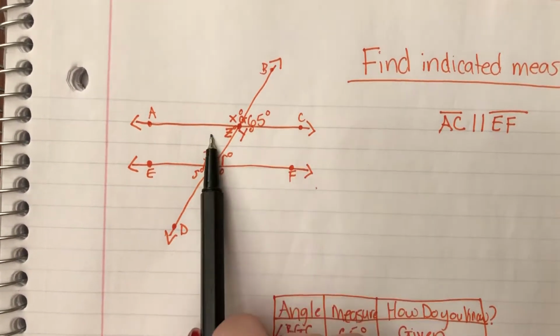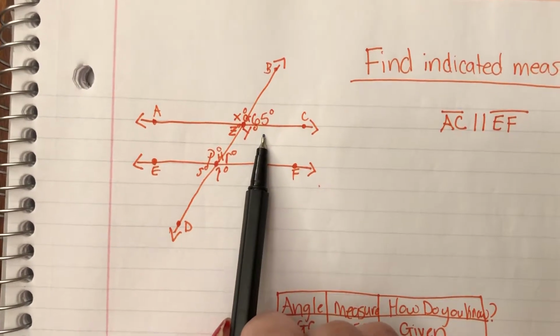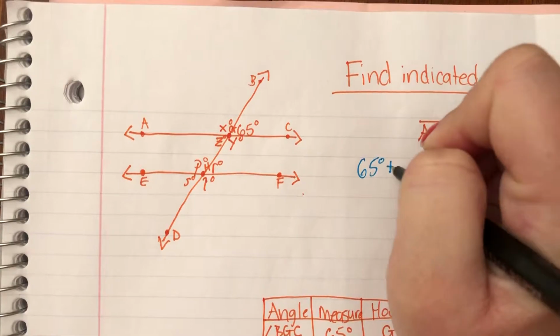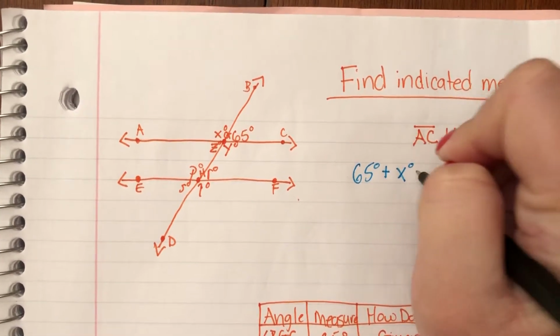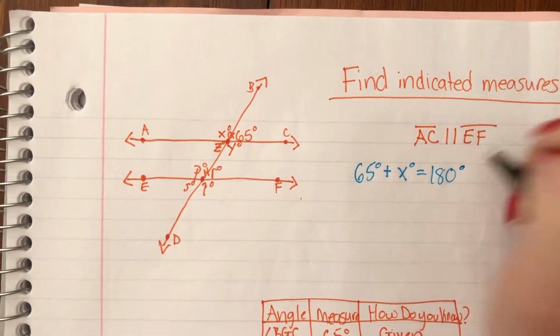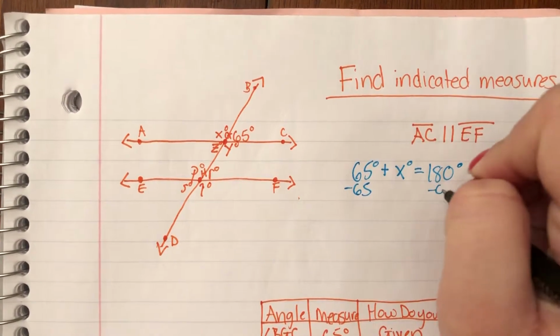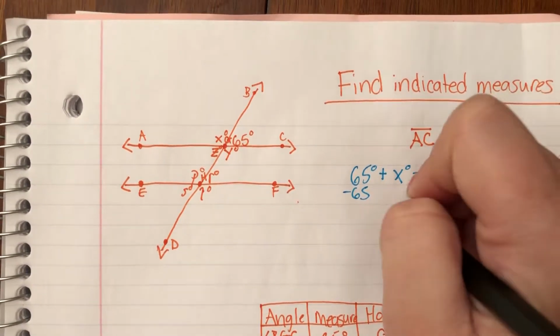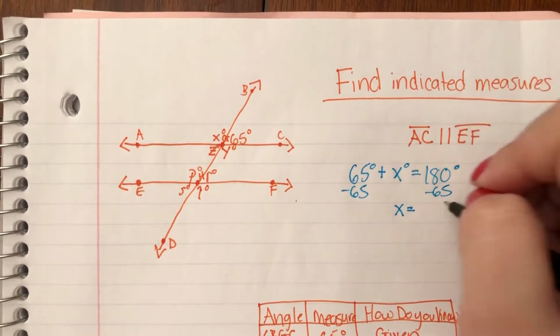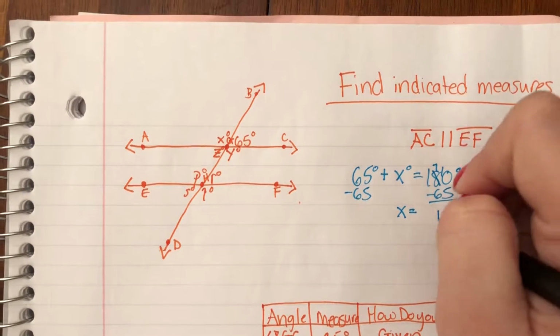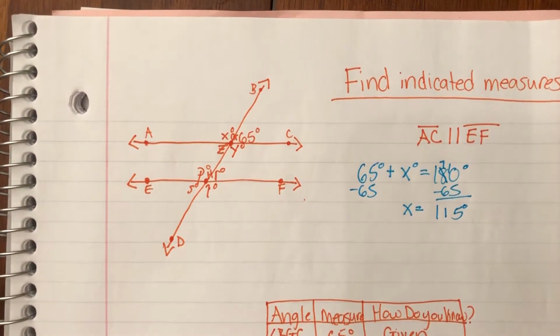Remember that a linear pair is equal to 180. So I'm just going to go 65 degrees plus X degrees equals 180 degrees. Minus 65, minus 65. We're left with X equals 115 degrees.